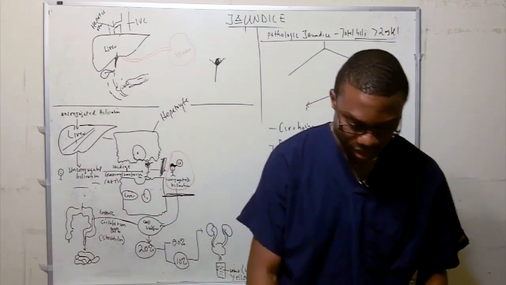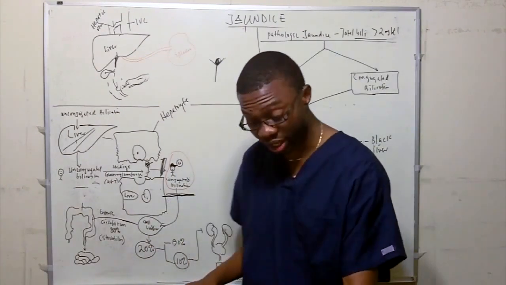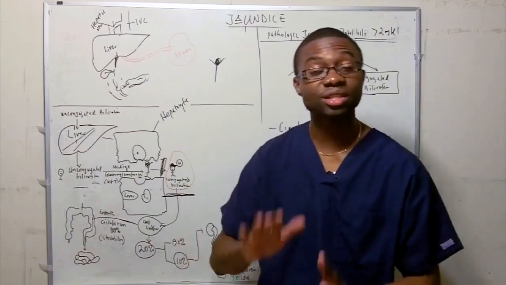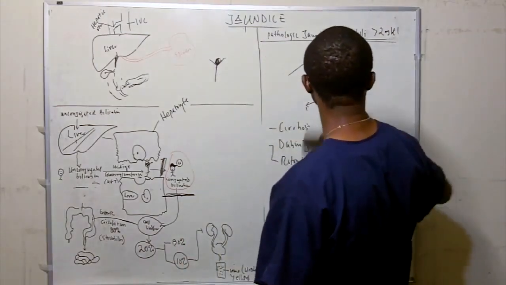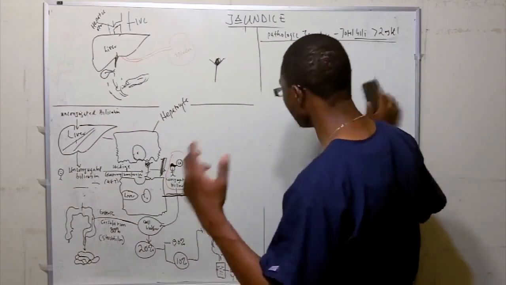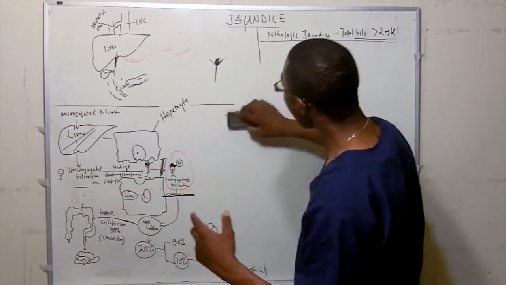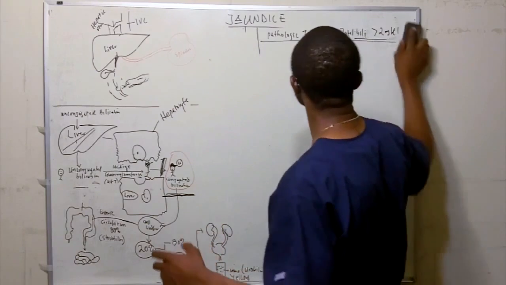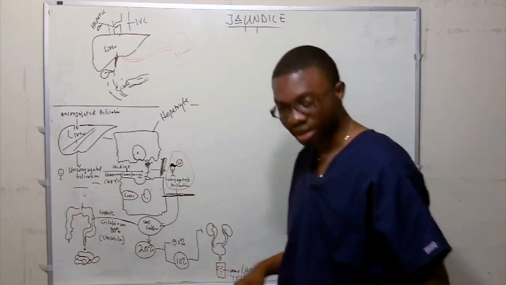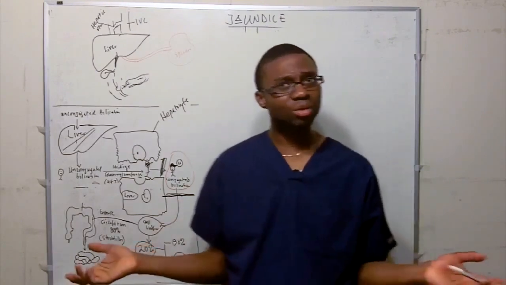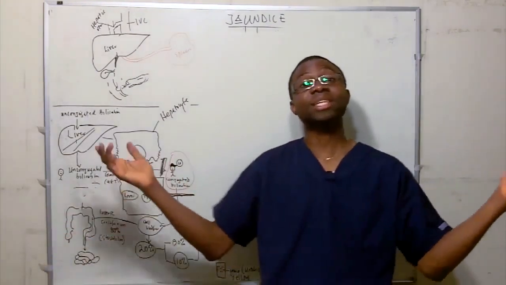Now, what you need to know about conjugated and unconjugated in terms of symptoms is this. Now that you know the pathophysiology behind it, and what they're going to present with, they're going to come in yellow.